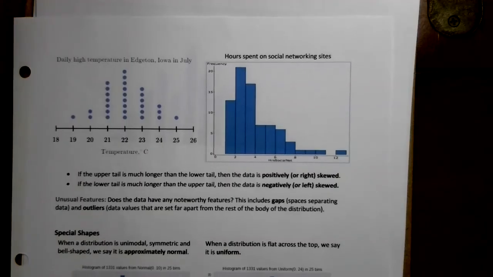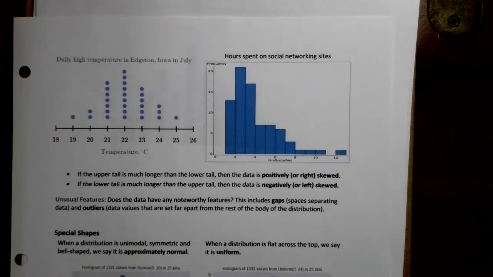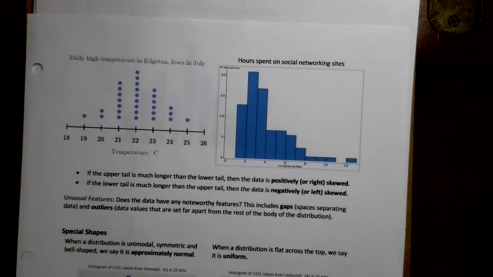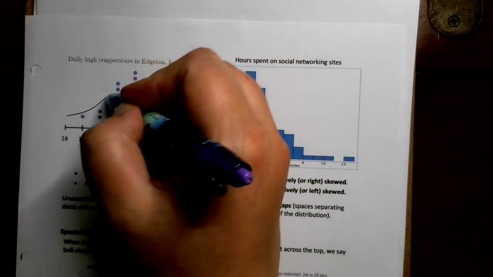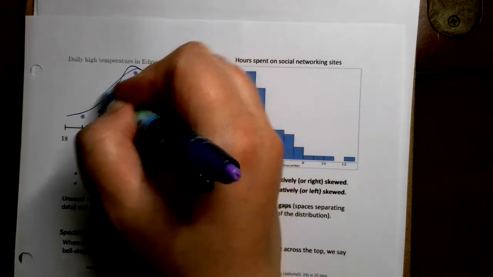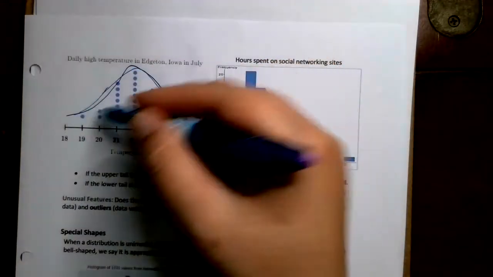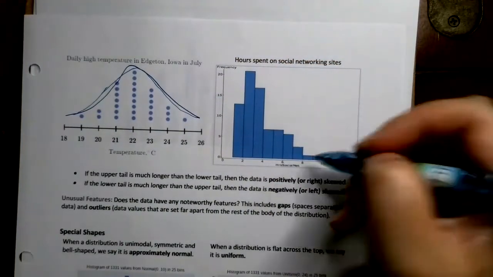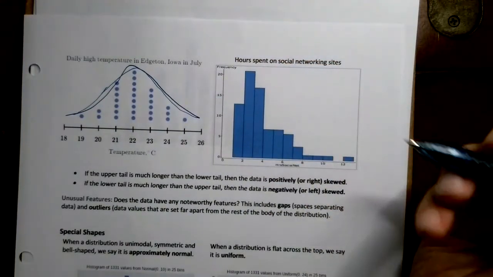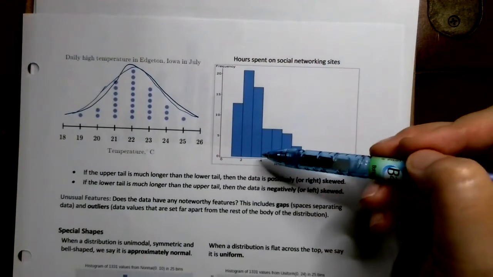Another thing that we could be talking about in terms of the shape is the symmetry of the shape. How symmetric is the distribution? Like this distribution, we see that it is symmetric, meaning the left side of it is kind of a mirror image of the right side. So this distribution is pretty symmetric, whereas this distribution is not symmetric. The majority of the data is on one side.